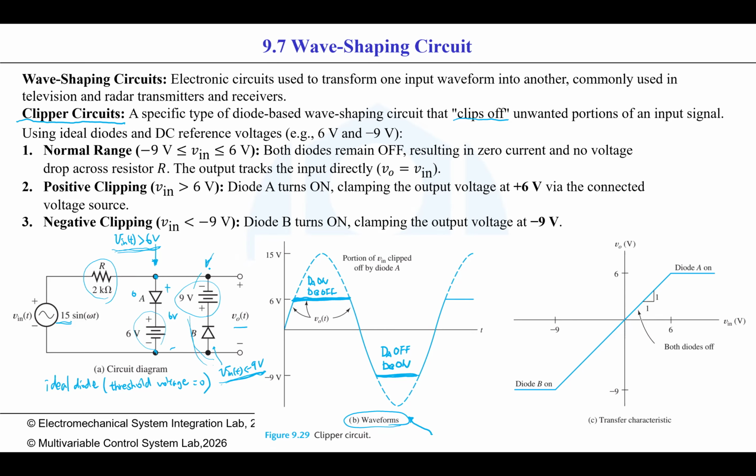If DB is on and DA off, we just focus on this branch only. So for this configuration, when the voltage is larger than 6 volts, it clips at 6 volts, and when the voltage is smaller than minus 9 volts, it clips at minus 9.